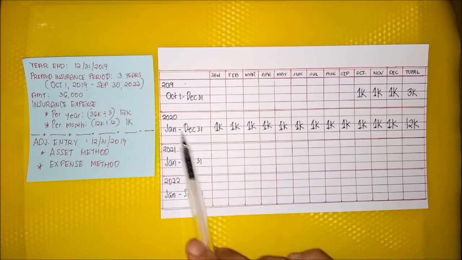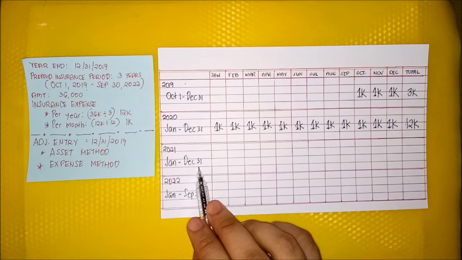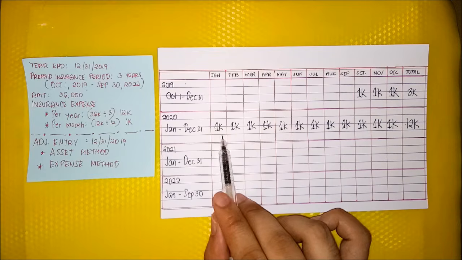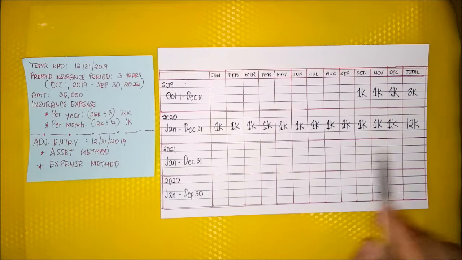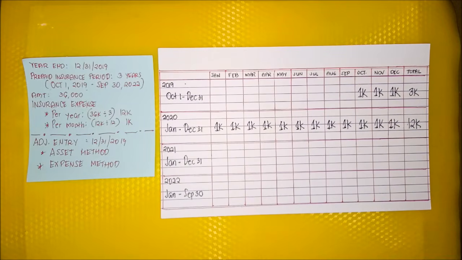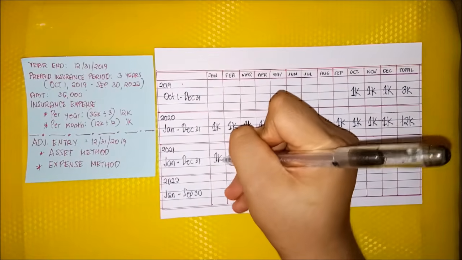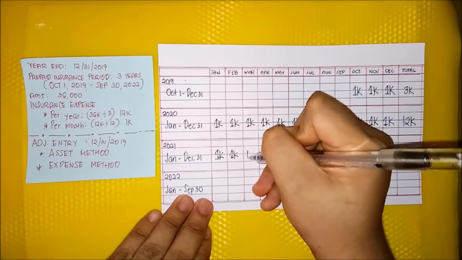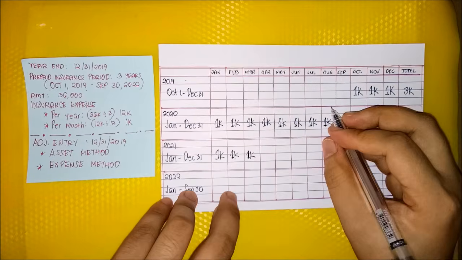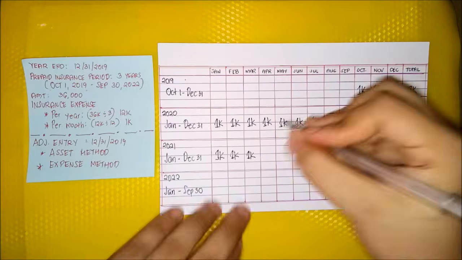So total for the year 2020 is 12,000 pesos. Ganon din sa 2021. So sa year 2021, merong tigwa 1,000 pesos na insurance expense na dapat i-record per month. So sa 2021 January hanggang December may tig-iisang 1,000 pesos, and 1,000 times 12 is 12,000 pesos.